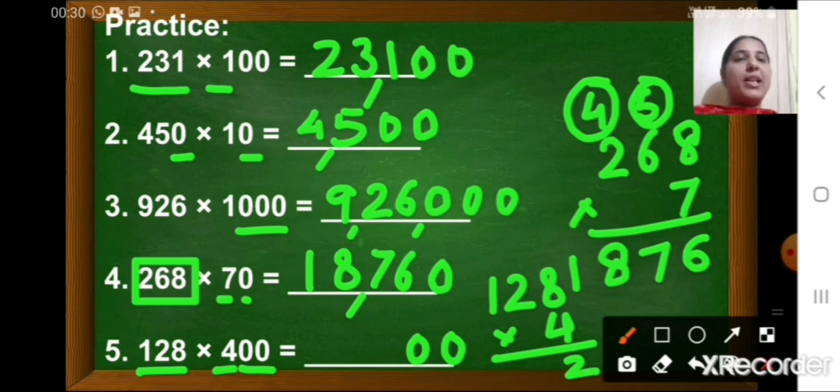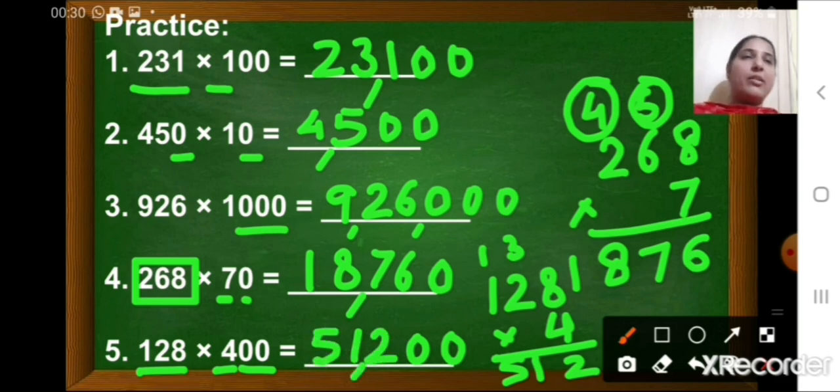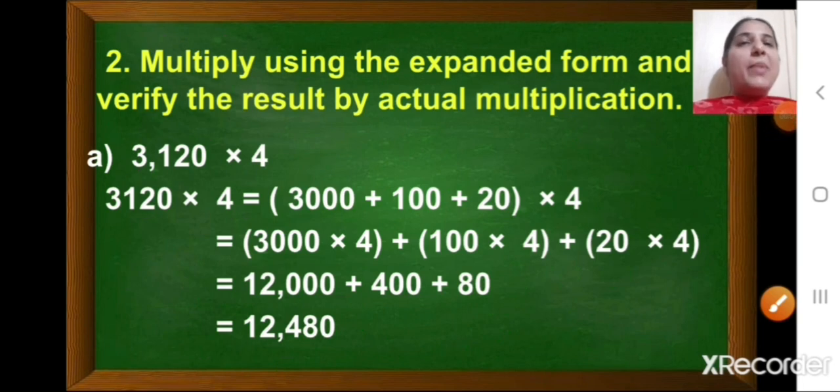So 2 we will write here, 3 will be carried over. 2 fours are 8 plus 3, 11. So 1 we will write here and 1 will be carried over to the next place. Now 4 ones are 4 plus 1, 5. So what is the answer here, children? 51,200.